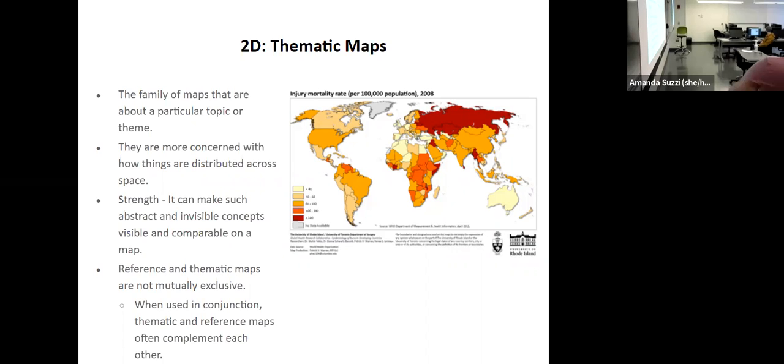You see the order of values, and it helps you compare the US to Russia, for example, where there's a lot more deaths due to injury. So reference and thematic maps are not mutually exclusive. You can actually use them in conjunction with one another.